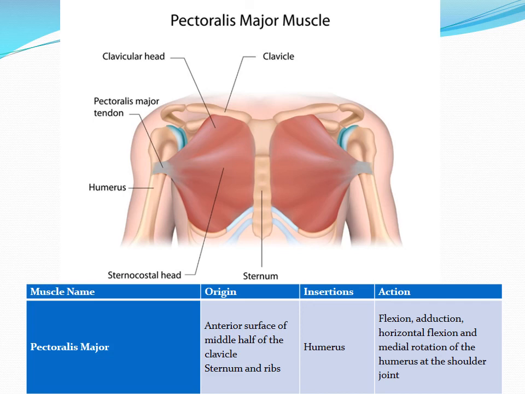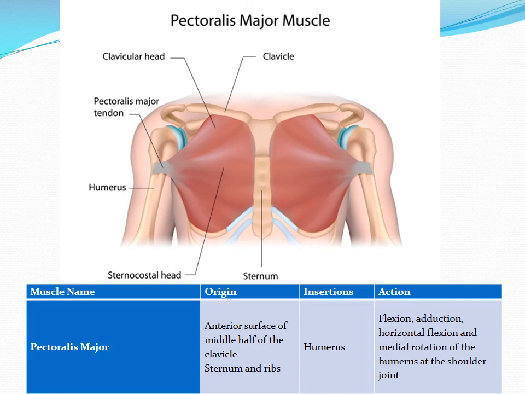This is going to allow the pectoralis major to do a lot of different movements. It will flex the shoulder. When the arm is out to the side, it will adduct the arm back. It will do horizontal flexion or horizontal adduction, which would be a chest fly or a pec deck movement.